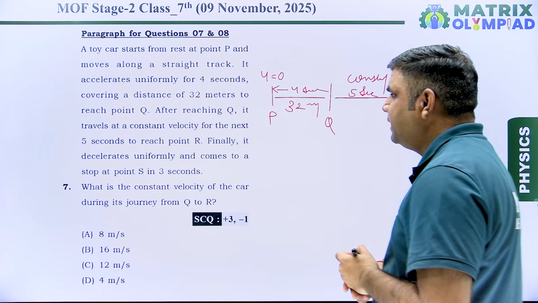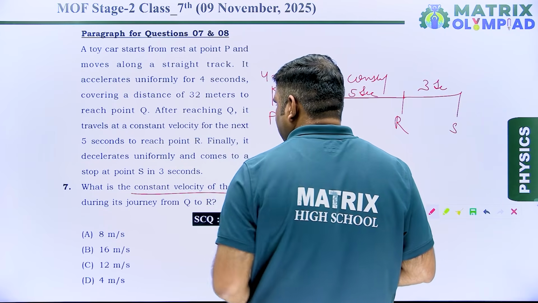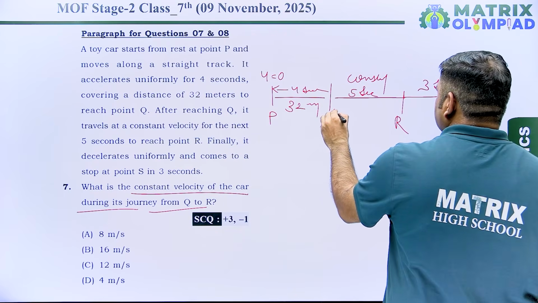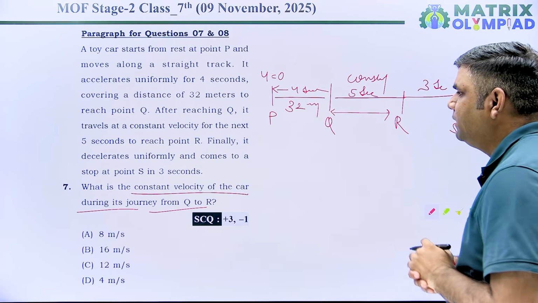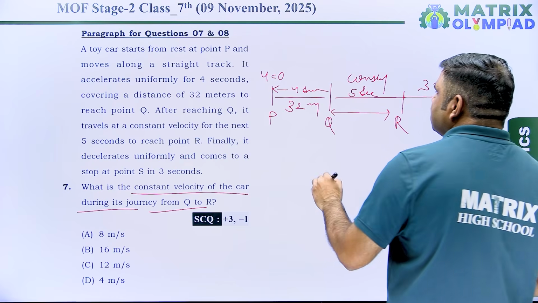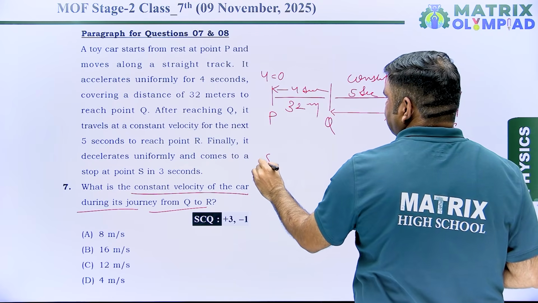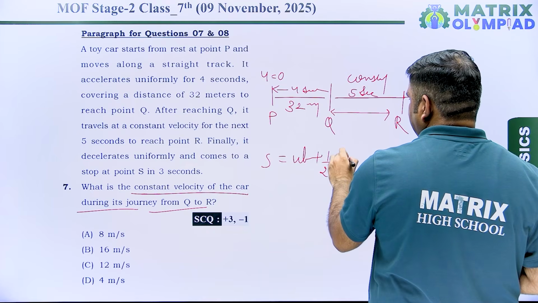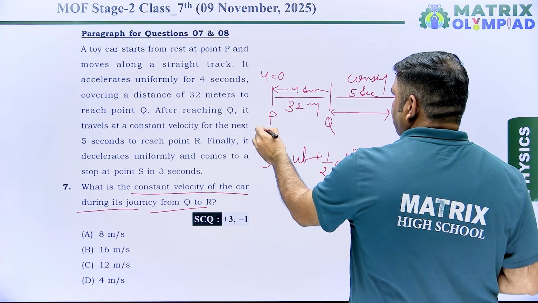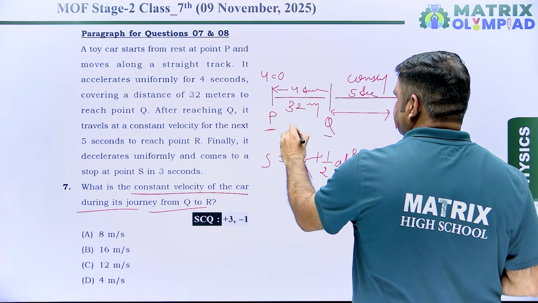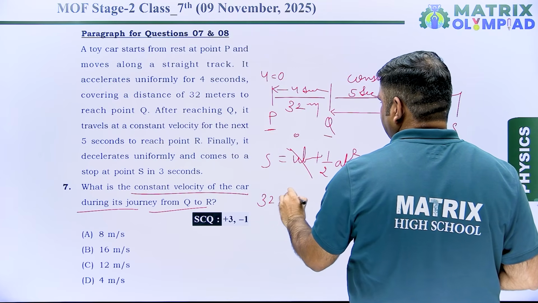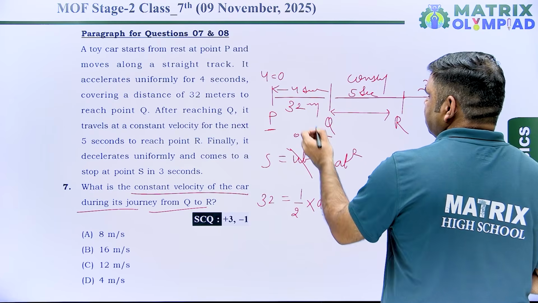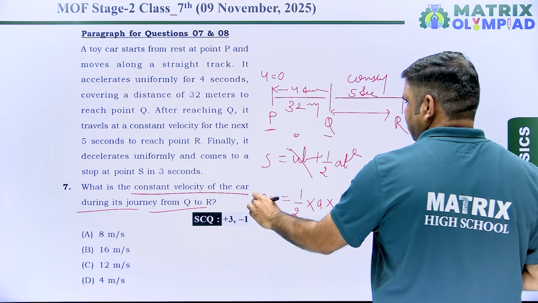Now, what is the constant velocity of the car during the journey from Q to R? In this, we have to find the constant velocity. So first, we use s equal to ut plus half a t square. From P to Q, u is 0, s is 32, 1 by 2, a and t square is 4 square, 16.